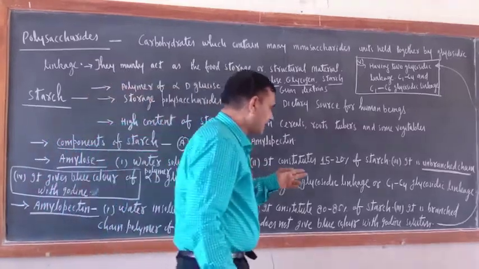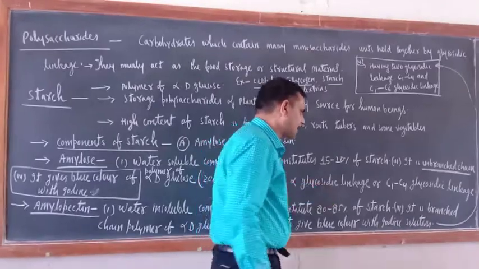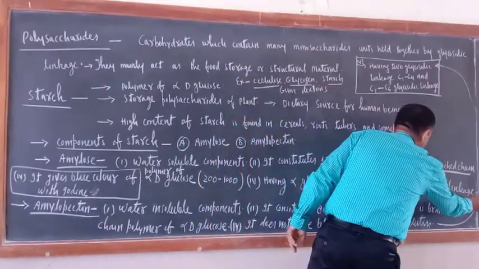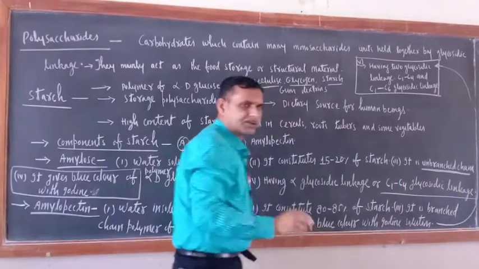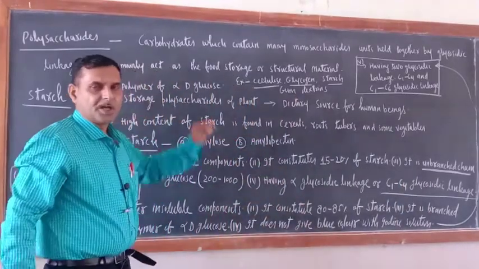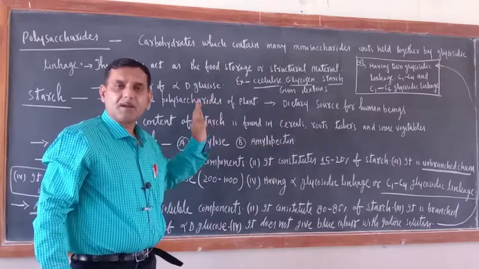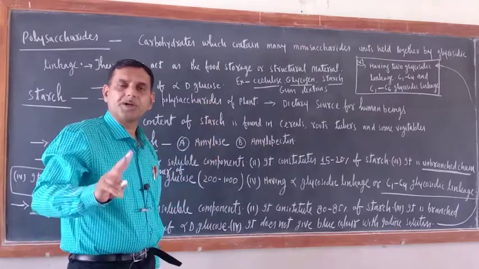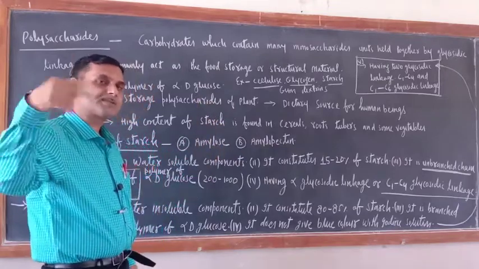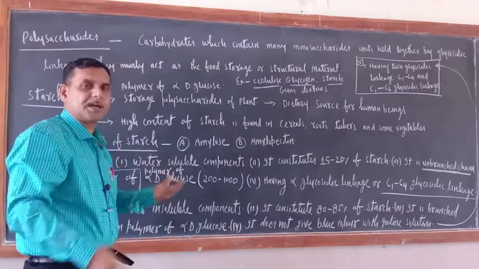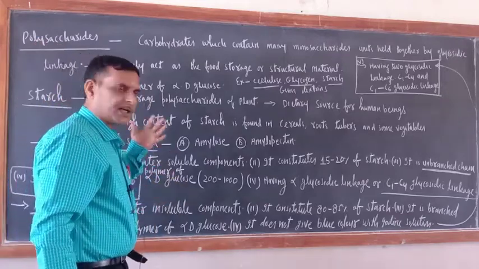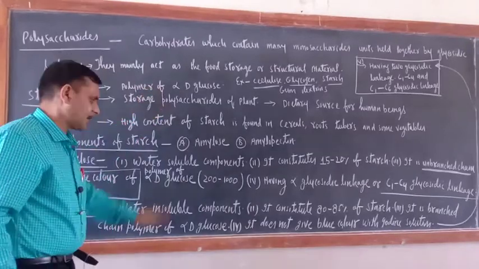So what kind of linkage would be there? Alpha glycosidic linkage or C1-C4 glycosidic linkage. In amylose this is found, always remember. C1 means carbon number 1 of one glucose unit and carbon 4 of the second glucose unit, they will be held together by glycosidic linkage. I will make the structure also.